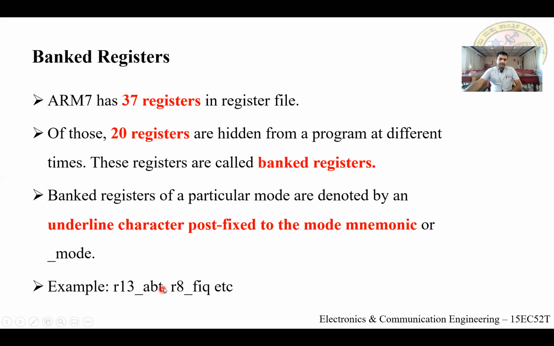For example, the abort mode mnemonic is ABT, and fast interrupt mode mnemonic is FIQ. R13 in abort mode is denoted as R13_ABT, and R8 in FIQ mode is denoted as R8_FIQ.